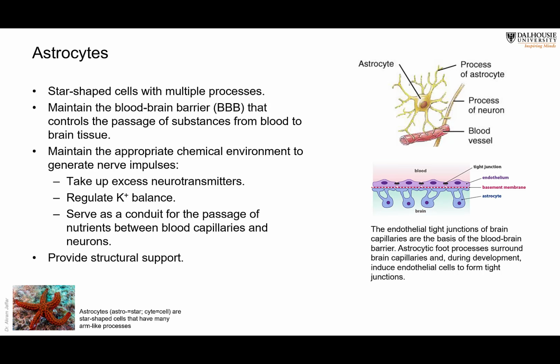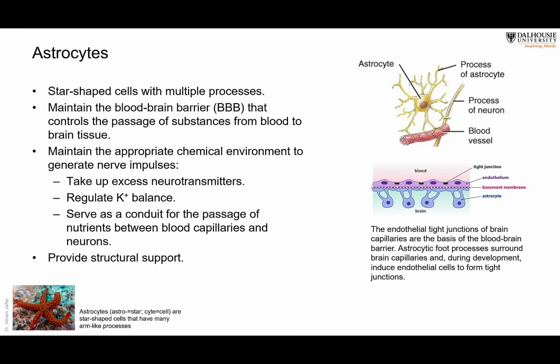This blood-brain barrier protects the brain tissue, because the brain tissue is so delicate, and the environment should be kept in certain ranges of pH and electrolytes. So it's very delicate. That's why there is a barrier that selectively allows substances to pass into the nervous tissue and prevents others from passing between blood and the brain. That's why it's called the blood-brain barrier.